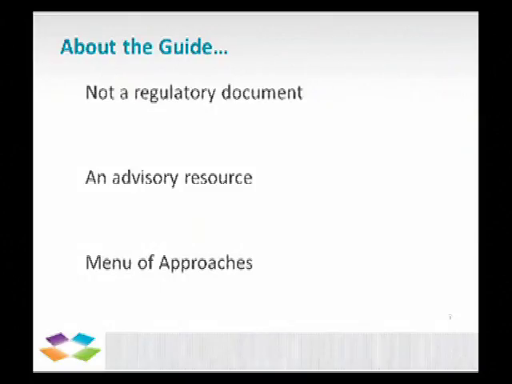It presents a menu of approaches and does not provide a single specific approach because there are several approaches that may be used by the responsible entity, and it gives flexibility for responsible entities to choose the approach that they feel will work for their situation.